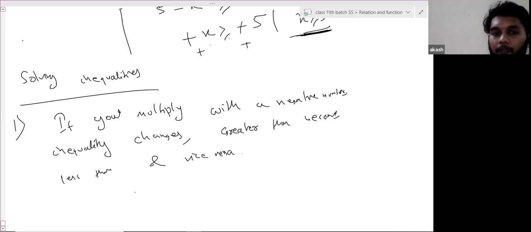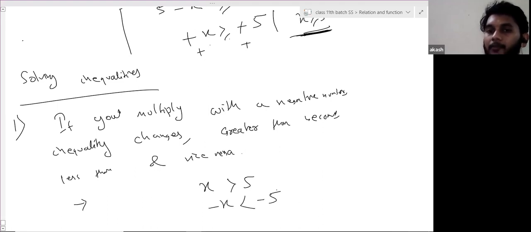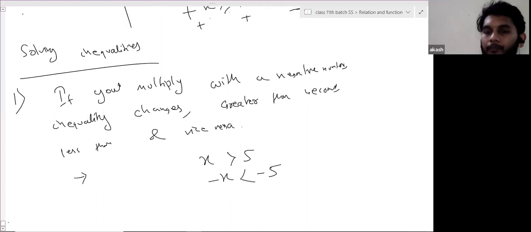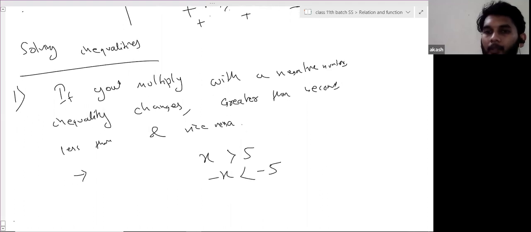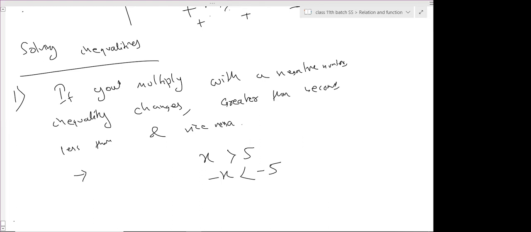All right. So if you have x is greater than 5 and you are multiplying minus 1 both sides, this will become minus x is less than minus 5. This thing is clear? Arnav, Fahad, clear? Yes, sir. All right.